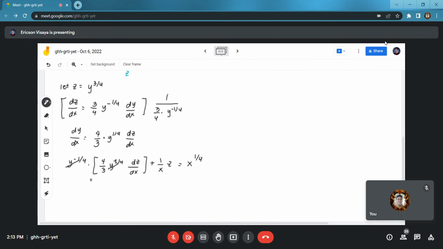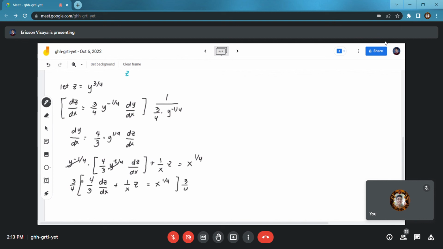So bali, 4/3 dz over dx plus 1 over x times z is equal to x raised to 1/4. Para ma-reduce natin ito sa LDE form natin, mag-multiply tayo ng both sides ng 3/4, yung reciprocal ng 4/3 natin.